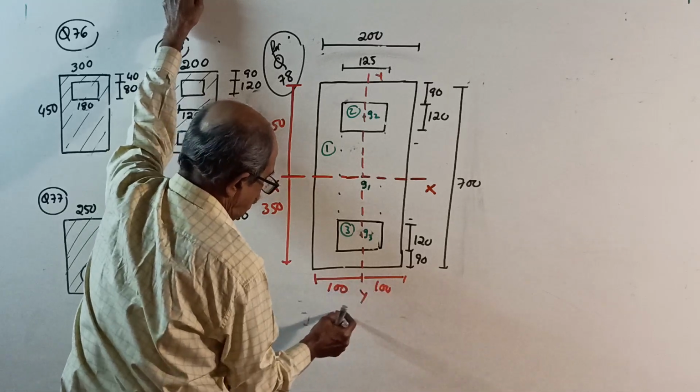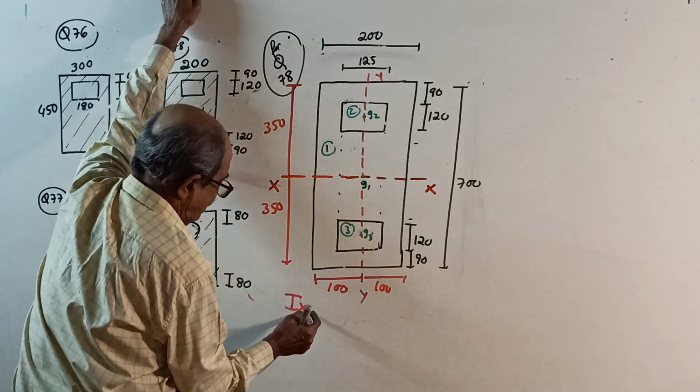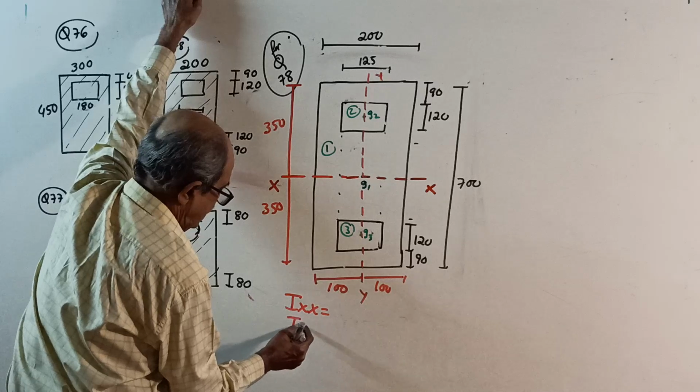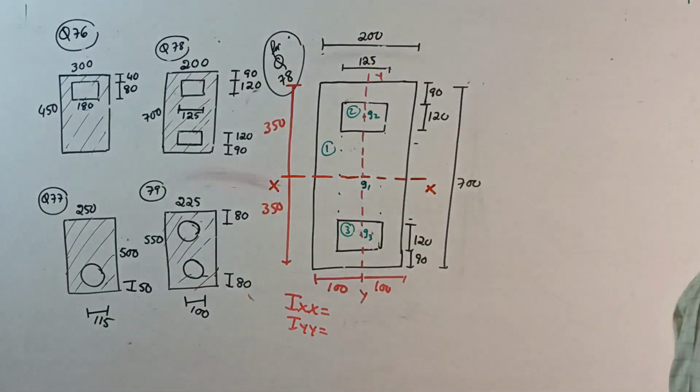Now, for this question, what is I about XX? What is I about YY? One minute. Let's check the camera once. Hope it's not beyond the camera. Just for the safer side. No, plenty of space is there. Okay.